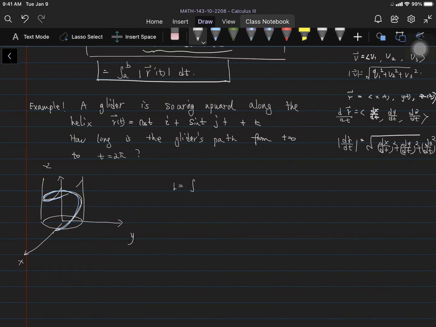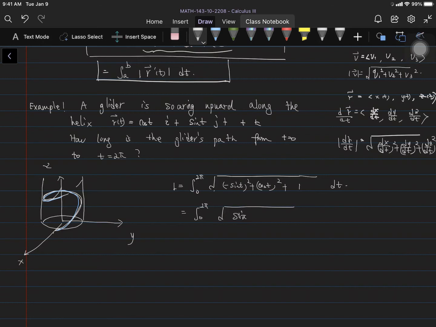L equals the integral from a to b, which is 0 to 2 pi, of the square root of dx/dt, which is negative sine t, squared, plus dy/dt, cosine t, squared, plus dz/dt, so z is t, so dz/dt is just 1. Is that right? And we do dt. And simplify. Here sine squared plus cosine squared is 1.